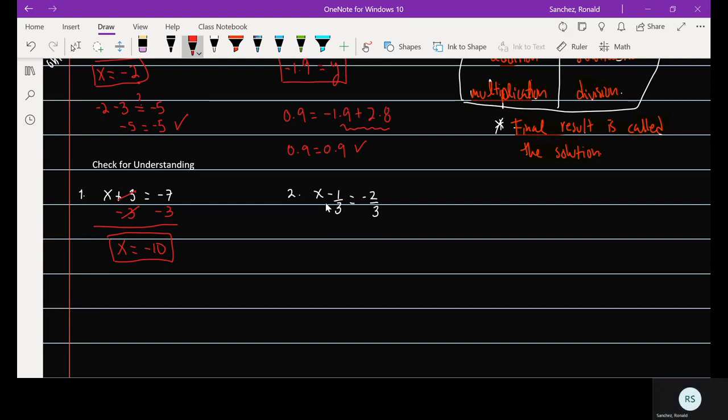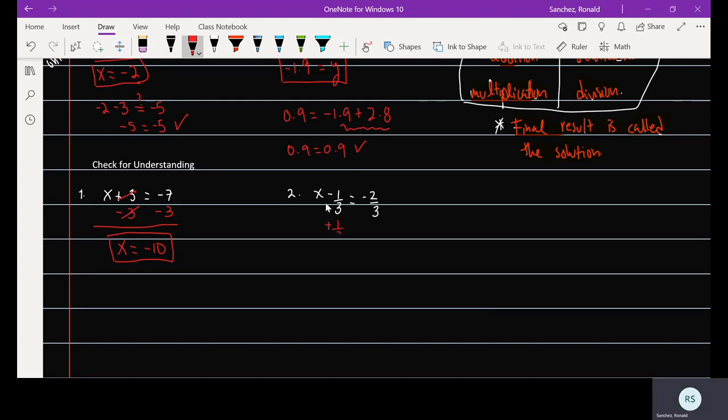Number 2, I have fractions, and fractions can be a little bit scary sometimes. But the cool thing here is that we have same denominators. And when we have same denominators, we can just combine our numerators. So that makes it very easy. Now, in order to isolate x here, all I have to do is the opposite of subtracting 1/3. Well, what will that be?